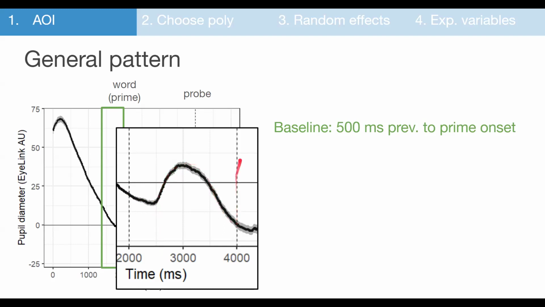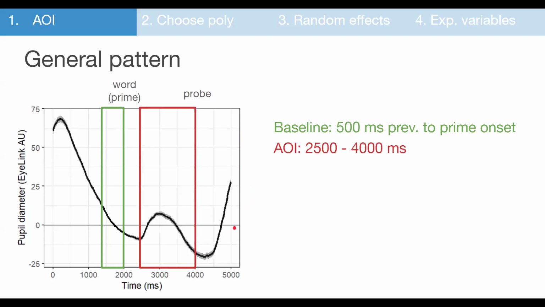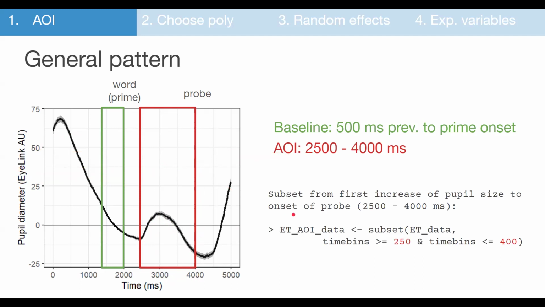And the end of the area of interest is a little bit easier because it's the beginning of the second stimulus. I'm no longer interested in what happens after that. So basically, we selected the time window that I'm showing you here that really captures the whole response. And it's just a small part of the whole trial.